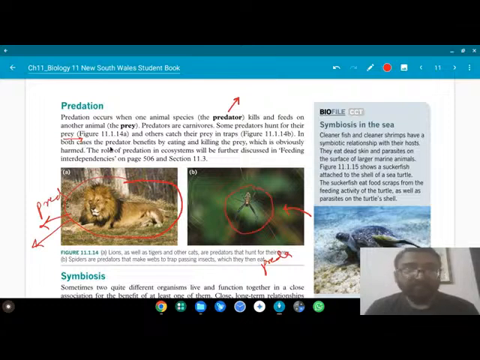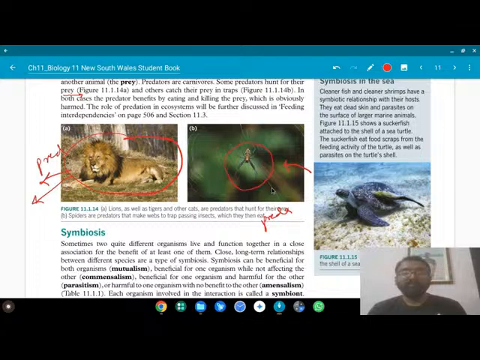In both cases, the predator benefits by eating and killing the prey, which is obviously harmed. The role of predation in the ecosystem will be further discussed in the next chapters. So here there are two types of predators. Here there is no worry about the prey population, but here we have to think about the prey population.